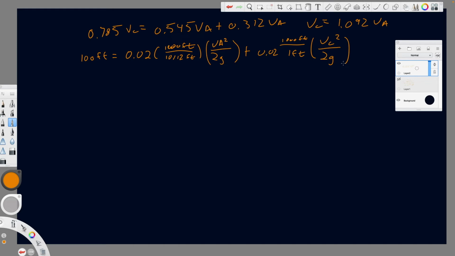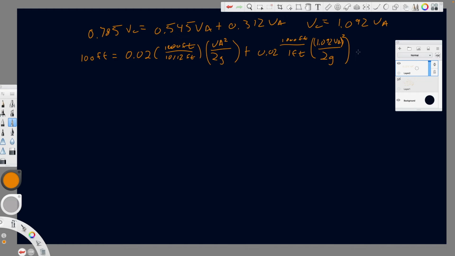And now that VC is what we're going to put into this VC, right? So actually, let's go ahead and write that instead of VC as 1.092 VA quantity squared.